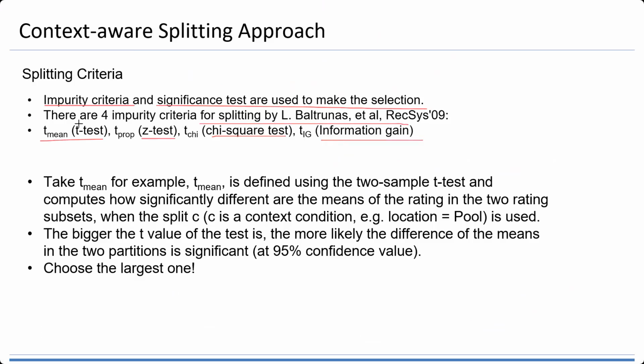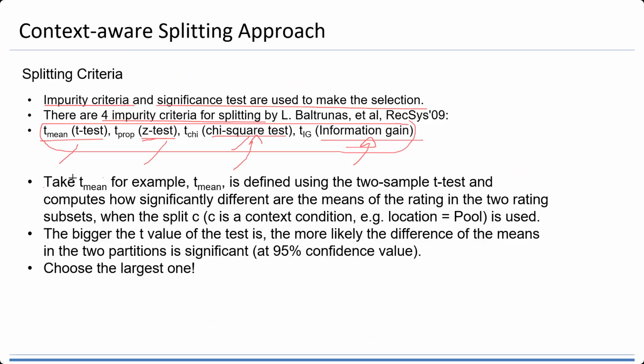Those are impurity criteria for splitting, so you can just apply them. After you split, check the t-test, the z-test, the chi-square test, the information gain. If the value is significantly important, then you can use it.